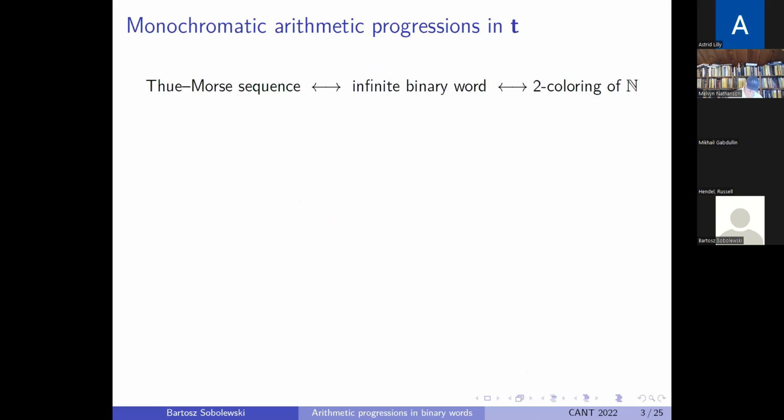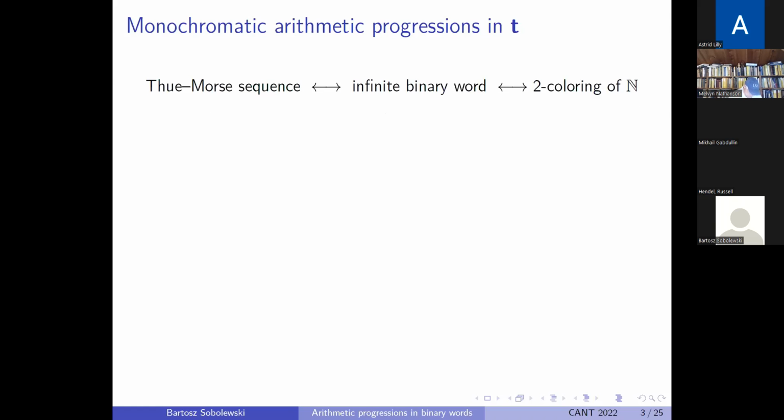And well, this is a sequence of zeros and ones, and throughout the talk, I will identify the sequence with an infinite binary word, so the terms of this sequence concatenated, and a coloring of the set of non-negative integers. So a partition into the set where Tn is equal to 0 and the set where Tn is equal to 1.